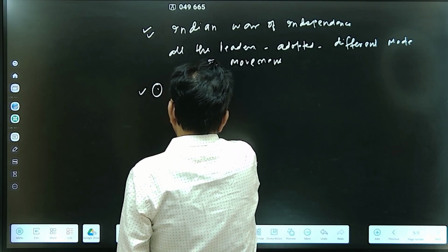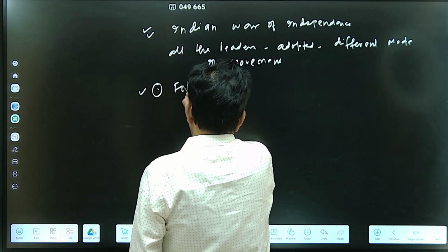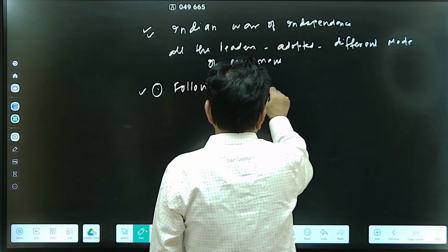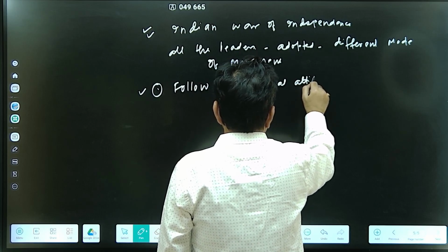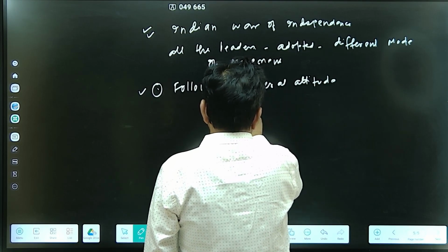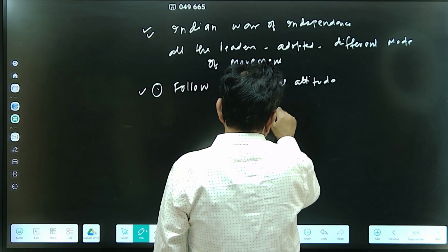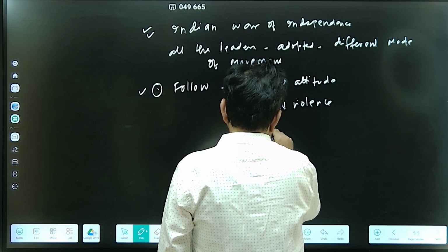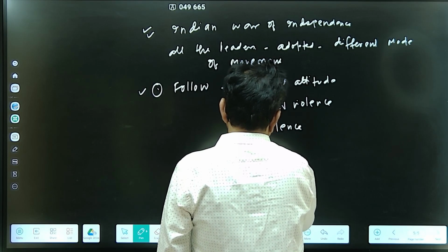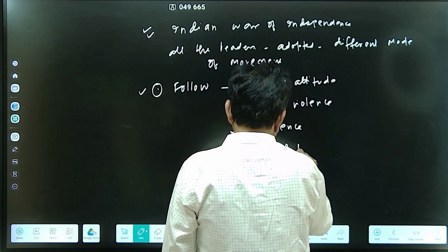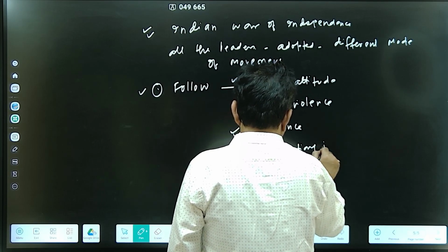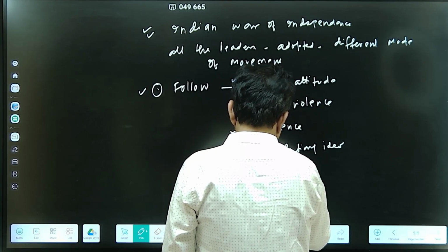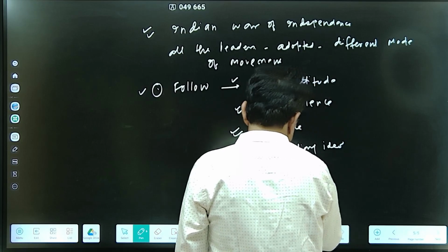Means they followed liberal attitudes, they followed a non-violence ideology, a violence ideology, a revolutionaries ideology, and also when Gandhi came, he started the Satyagraha.